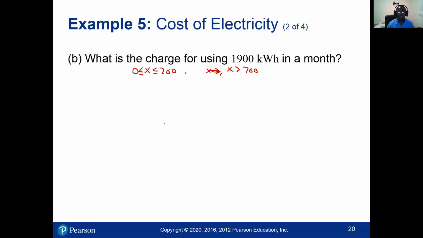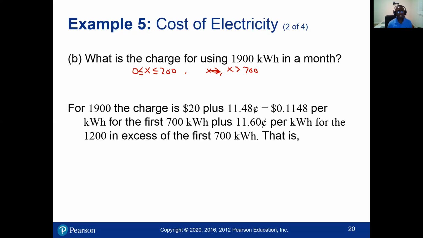So if it is 1,900, your charge is, according to the question, $20 plus 0.1148 for the first 700 kilowatt hours, then plus 11.60 cents per kilowatt hour for the next amount that exceeds 700, because 1,900 minus 700 is equal to 1,200.